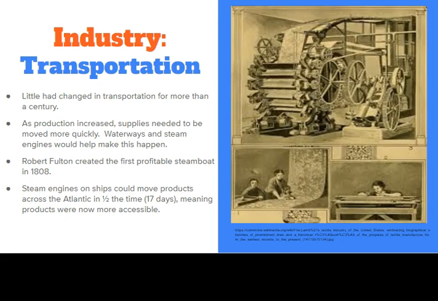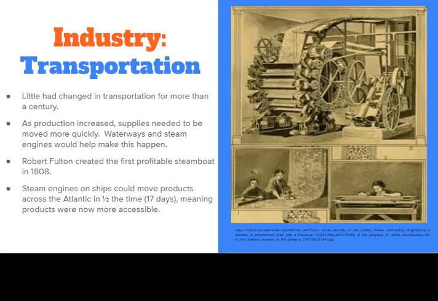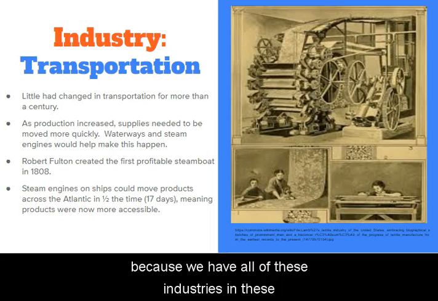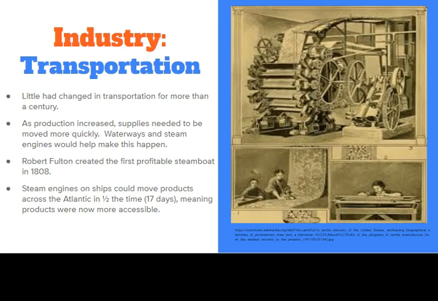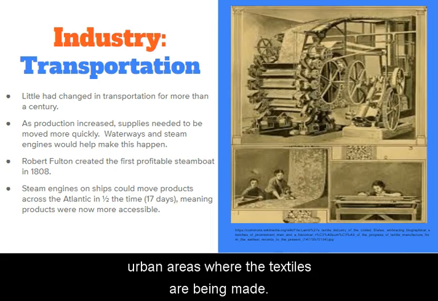Now, the industry of transportation is going to need to be changed because we have all of these industries in these towns that are growing rapidly and becoming major urban areas where the textiles and other products that factories start to produce are being made.